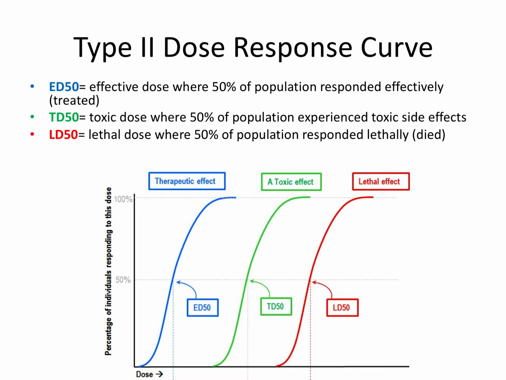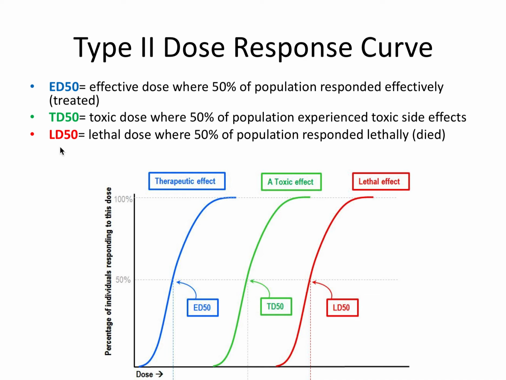But if we increased the dose more and more and more, now we started getting toxic side effects, and this was no longer what we were shooting for, no longer desirable. And so we got to a point where now 50% of the population was experiencing toxic side effects. And maybe the other 50% were still getting some therapeutic effects, but that's really not desirable for a drug.